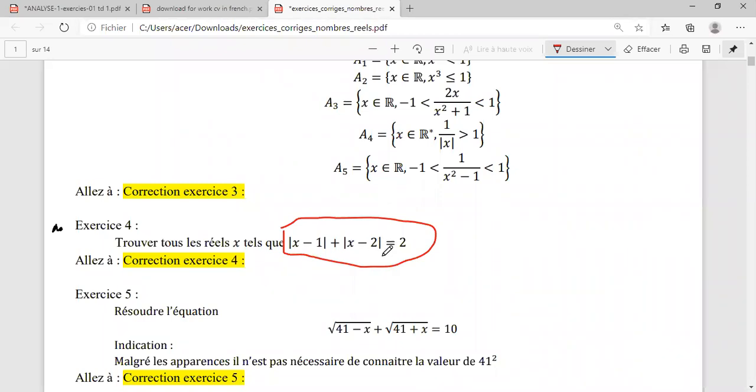I guess you did modulus today. What is a modulus function? If we have modulus of x, for example, this is equal to saying what? Equal to x.